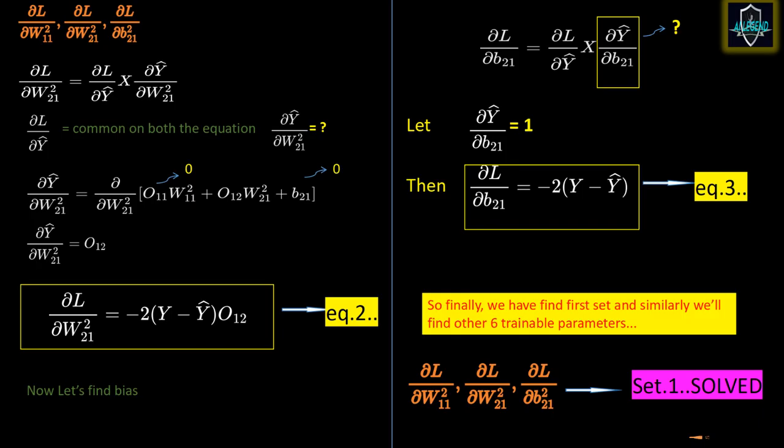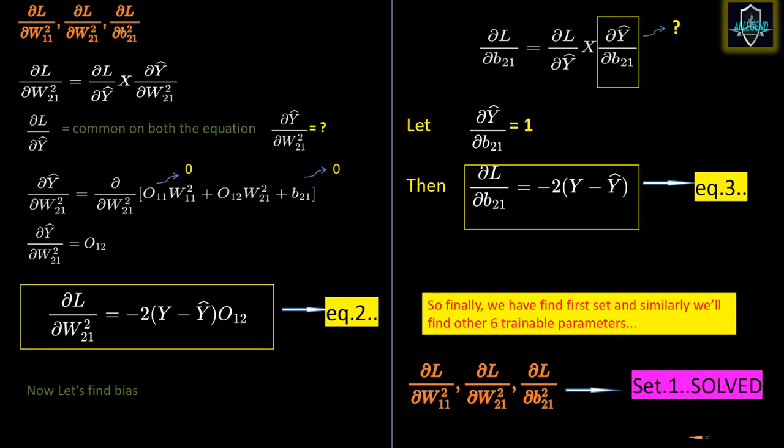Now we have to find for the bias. The same rule will apply: loss depends on y hat and y hat depends on b. I guess you are noticing the pattern now. Del L over del B21 is equal to del L over del y hat multiplied by del y hat over del B21.